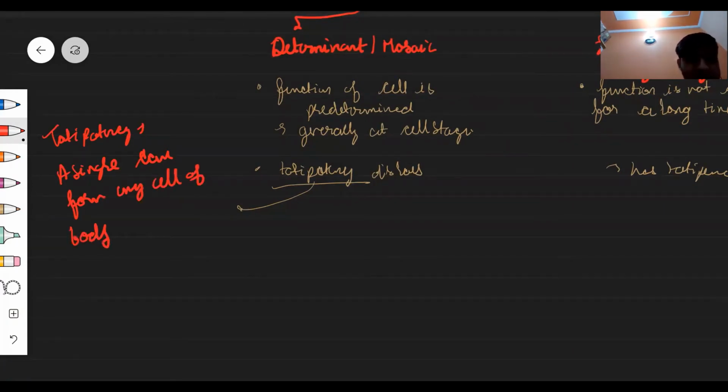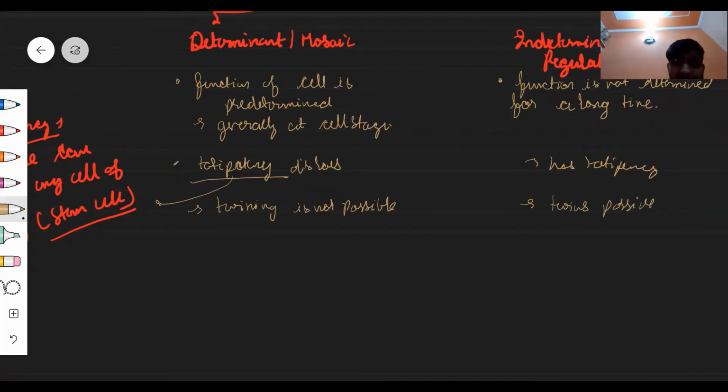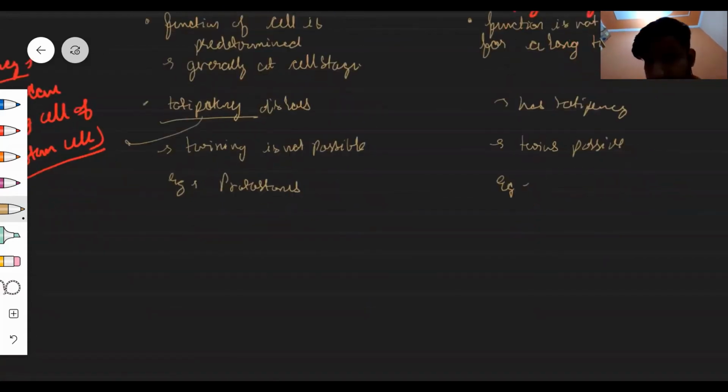These are basically called the stem cells. So when the function is determined, twinning is not possible. In the other type, twins are possible. The determinate type happens in the protostomes, protostomes follow the determinate type of division, and the other happens in the deuterostomes.